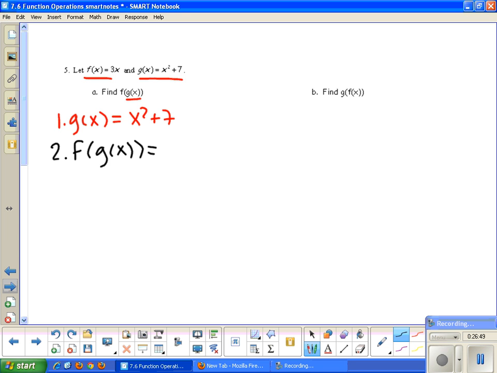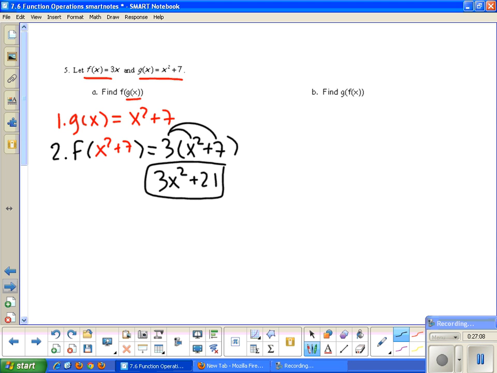So we just said g of x is really equal to x squared plus 7. So that's what we're plugging in for x into my equation. So we have 3 times x squared plus 7. So this distribute would be 3x squared plus 21.